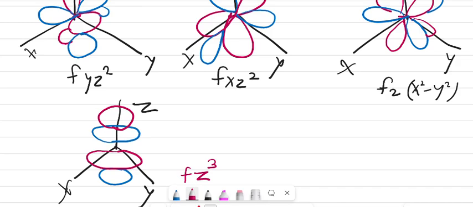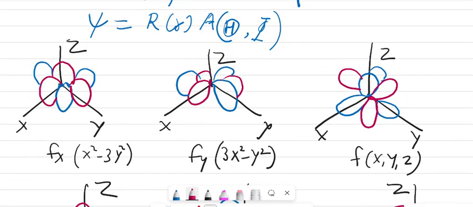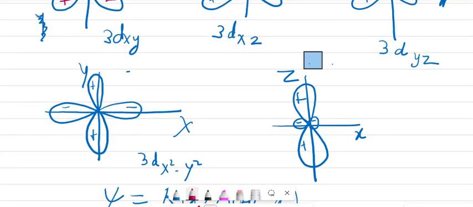So these are the 7 f orbitals, and these are the complete angular wave functions for the s, p, d, and f orbitals shown here in the form of contour diagrams or boundary diagrams. Thank you.